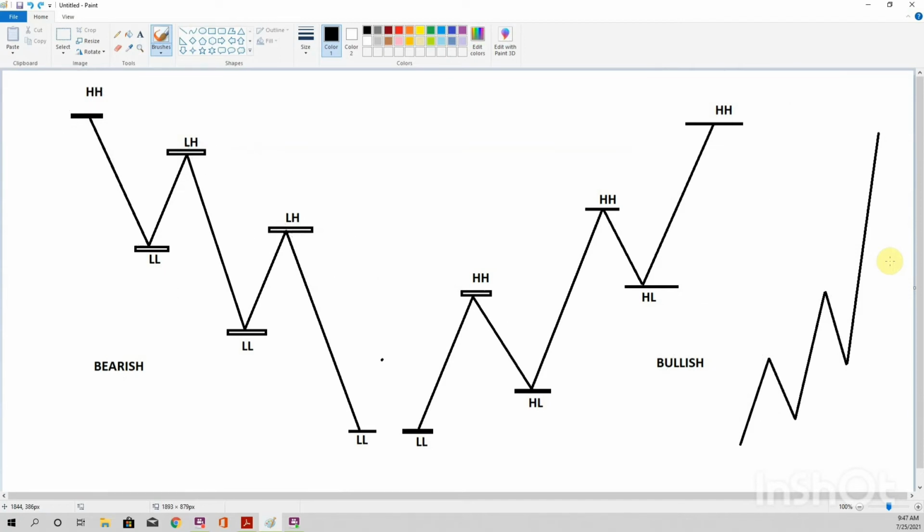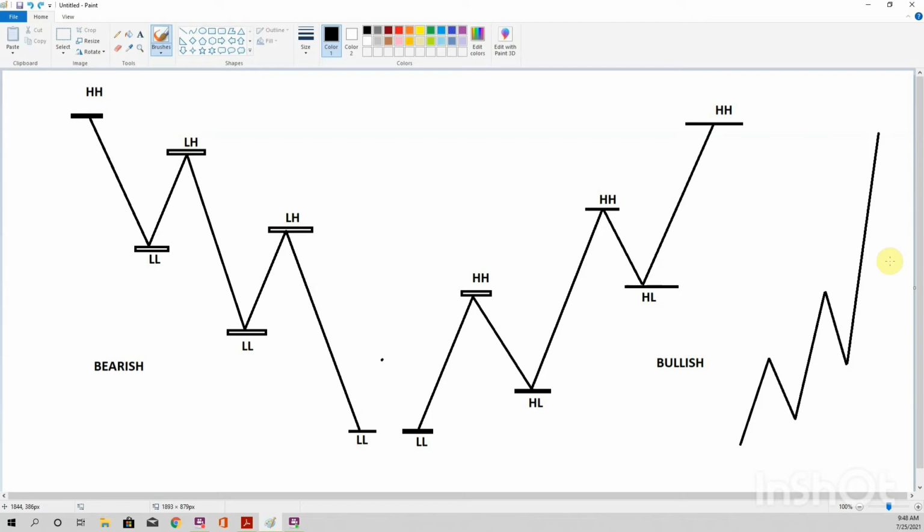Forgive that disturbance. So now, let's get into institutional logic, right? There are people who are using concepts like true resistance or true support, or supply and demand.